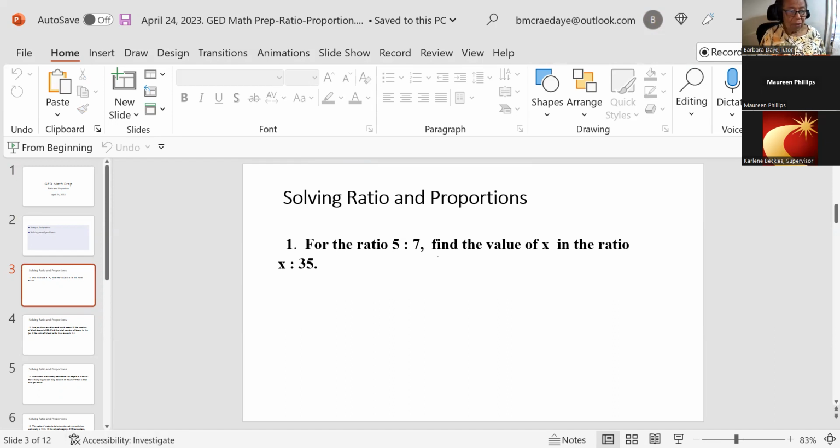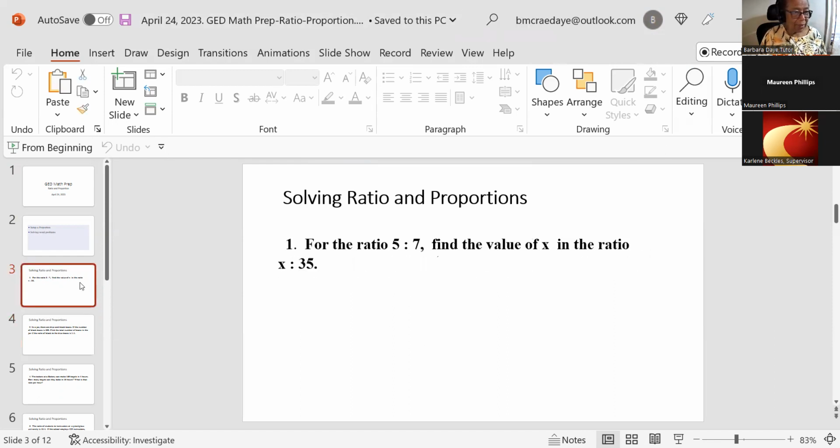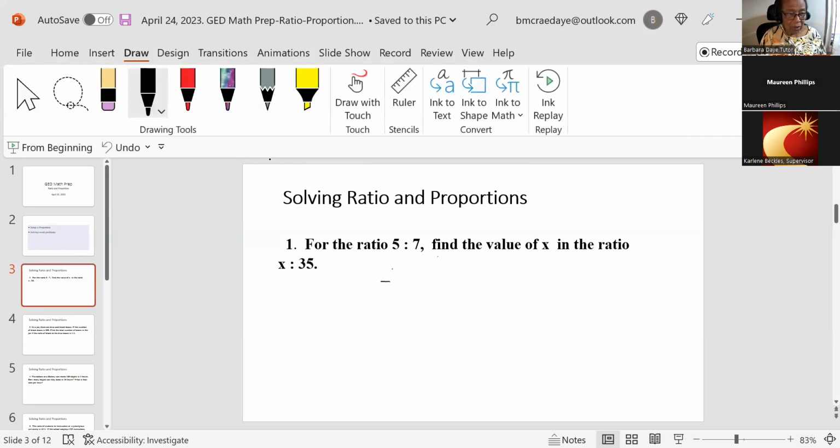So this would be 5 over 7 equal to x over 35.